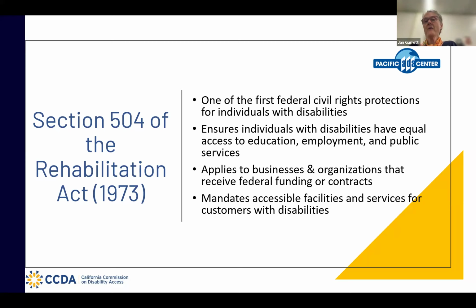So a lot of times healthcare organizations and other businesses will receive federal financial assistance, and so 504 would then come into play to apply to those organizations. And it does mandate accessible facilities and buildings, as well as accessible services for people with disabilities to receive goods and services for customers.